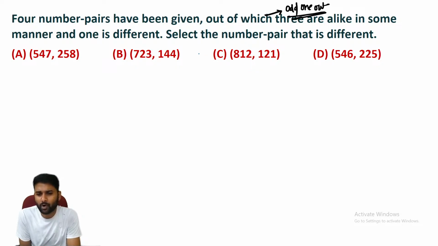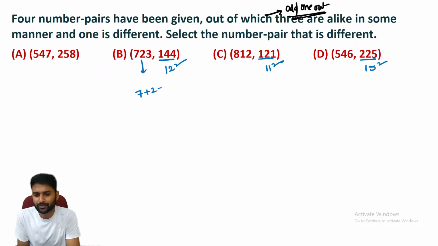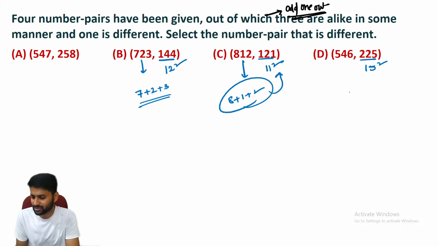Now if you observe all the options except A, these numbers are perfect squares. 15 square, 11 square, 12 square. If you go through the previous number, the sum of 7, 2, 3 is exactly equal to 12, and the square of that number gives 144. Again, 8 plus 1 plus 2, here the value becomes 11 square.